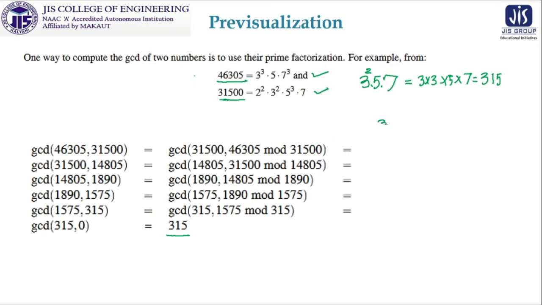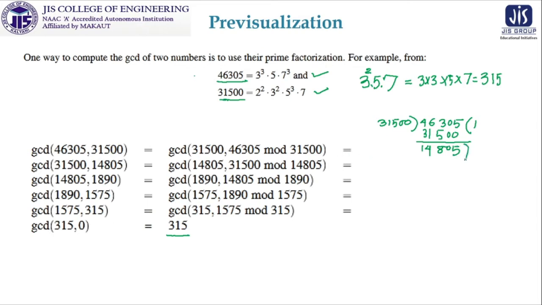If we write 46305 and subtract 31500, we get 14805.